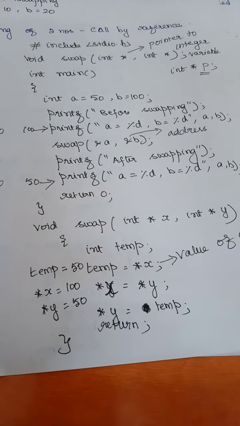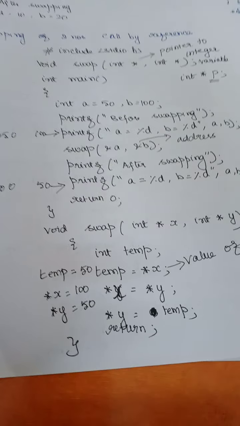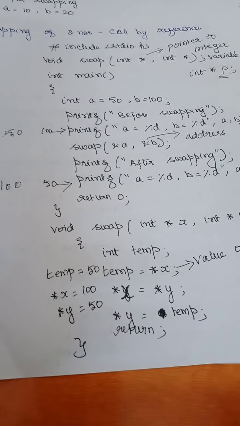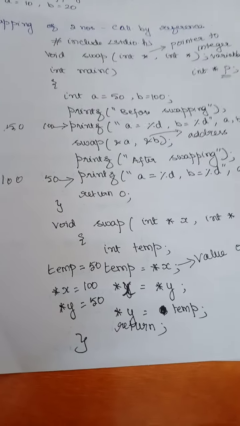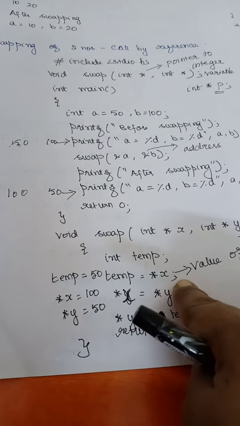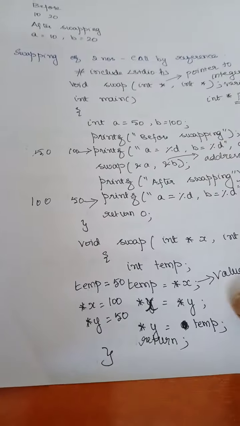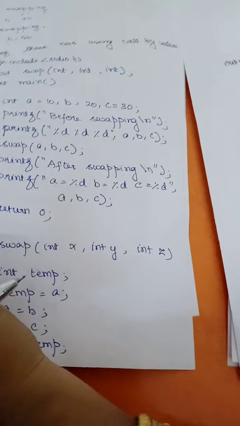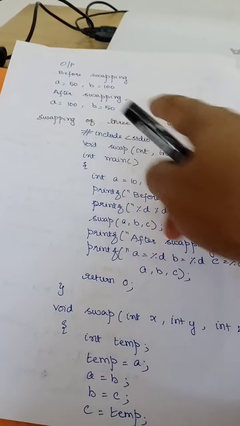I am taking the same memory where A is stored, and the same memory location where the value of B is stored, and in that place I am modifying. Is that clear? This is called call by reference. So this is the output we have got.